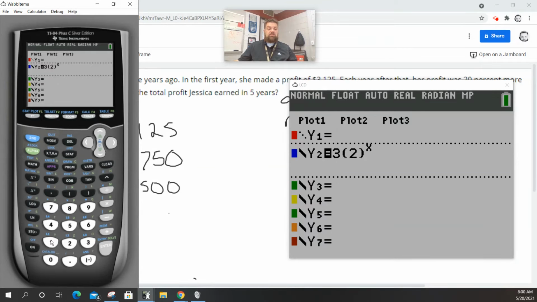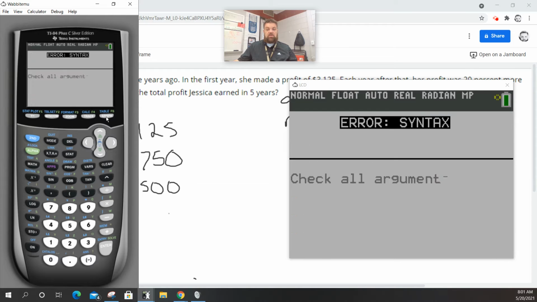So I say 3,125 times 1.2 raised to the x minus 1. And I hit my table of values.